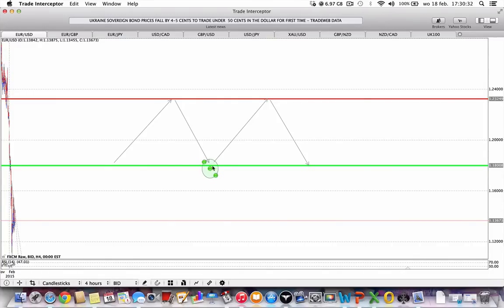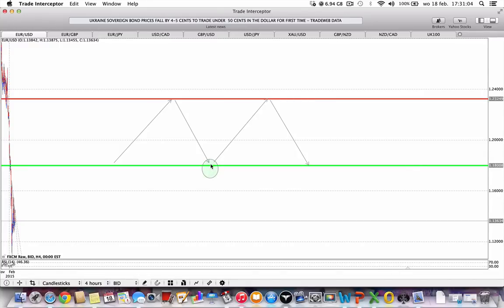But before you start opening a buy position or buying your currency pair, right here you need to have confirmation, because what also can happen is that a support or a resistance level is being violated, meaning that we would have a breakout. So when the markets are coming to your support or your resistance line, you always need to wait for confirmation.